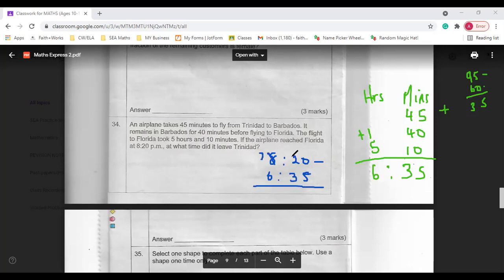So this is 60 plus 20. That's 80. So this is now 80 minutes. So 80 subtract 35 is going to give us 45 minutes. 7 minus 6 is 1. So our final answer, it left Trinidad at 1:45 p.m.